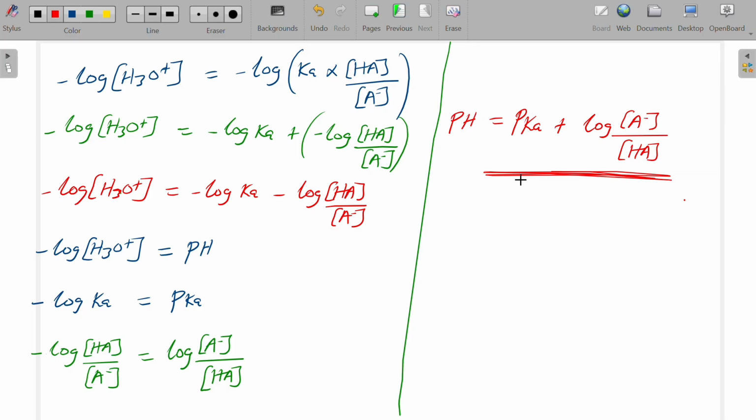So pH is equal to pKa added to log of the base on top, and then we have the acid down here. This can be rewritten in this format.